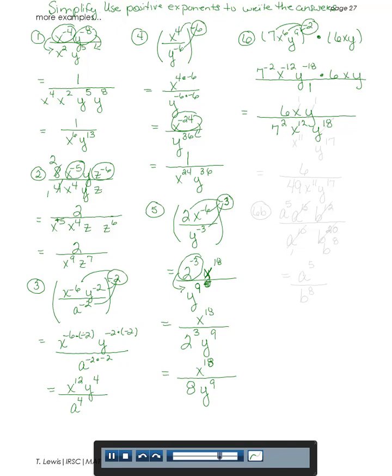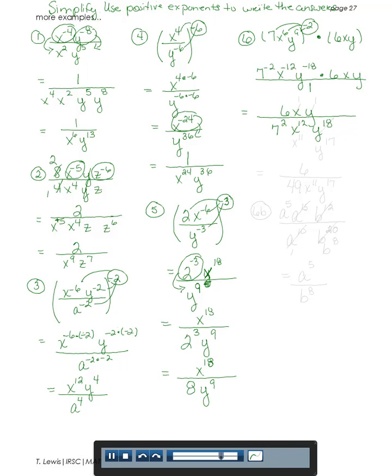But before we do that, I want to show you just quickly a shortcut. That x, y, all over x squared, y to the 8, x to the 12, y to the 18, okay, correction.